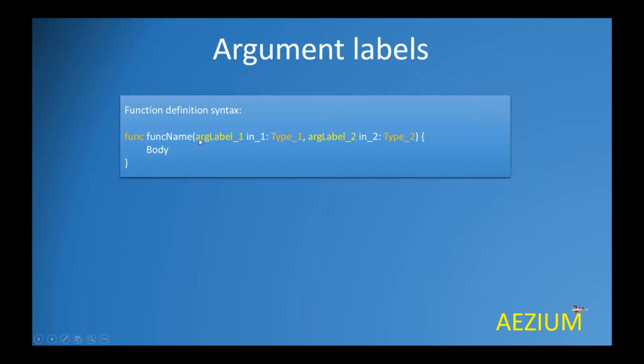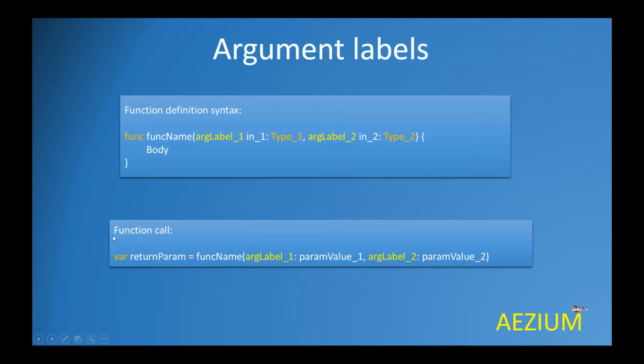In this case, I'm calling them argument label 1 and argument label 2 for this particular example. So it is important to notice that we have the argument labels as well as the parameter names. Then the rest of the syntax is the familiar syntax that we've seen many times before.